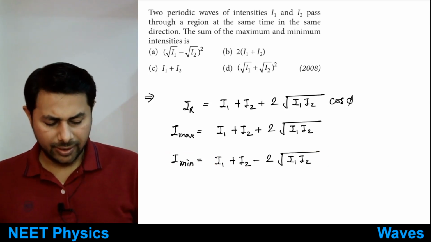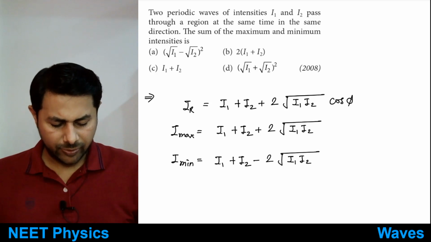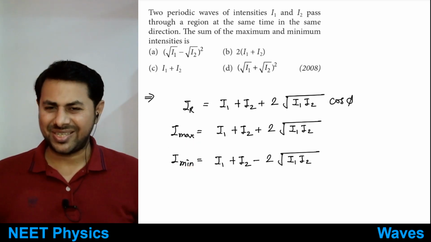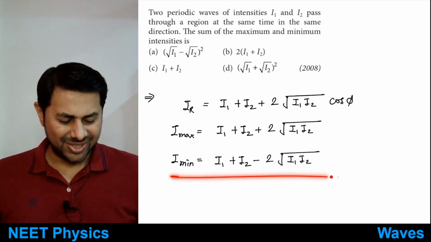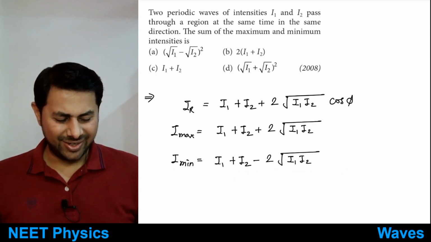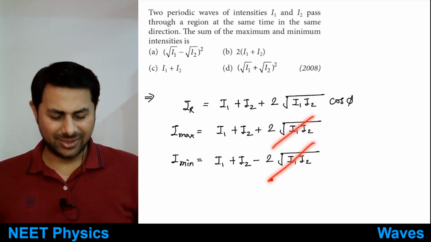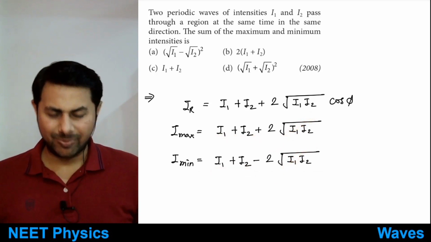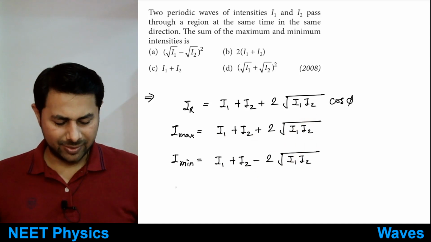And then the question is what is the sum of maximum intensity and minimum intensity? So what would that be? If you add it up, this thing will get cancelled out. So I1 plus I2 plus I1 plus I2 means 2 times of I1 plus I2. Very simple, right?